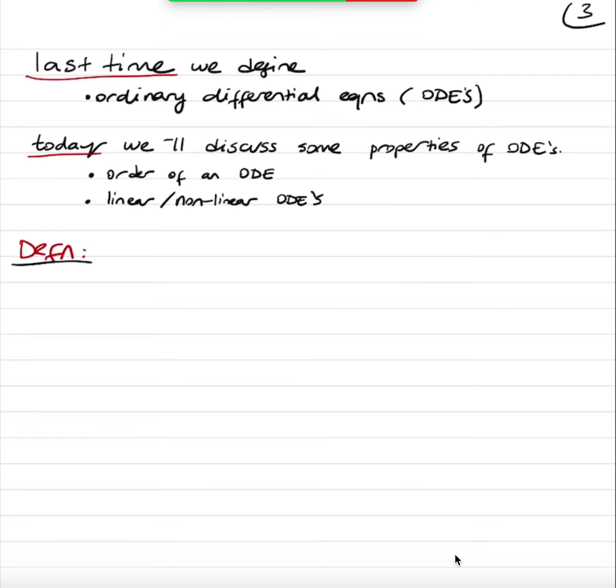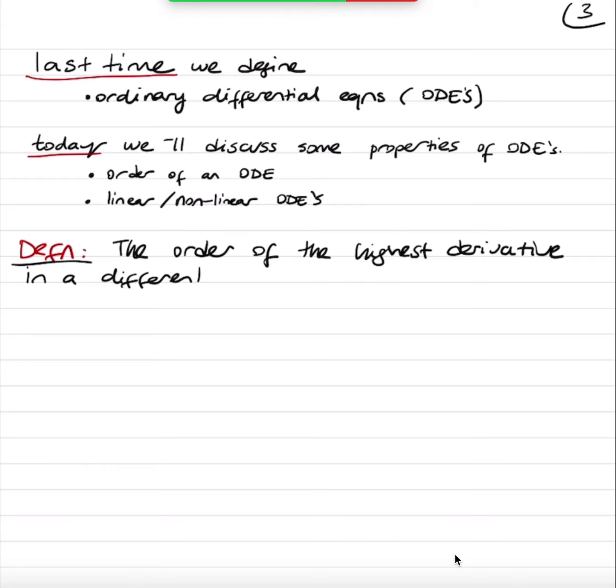So let's start with the definition of an order. So the order of the highest derivative in a differential equation is called the order of the differential equation.